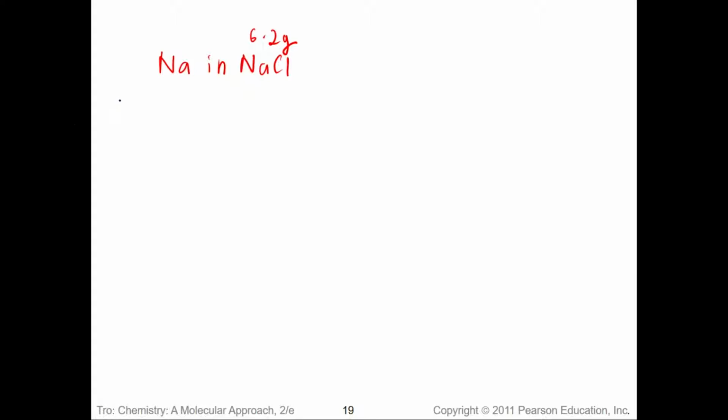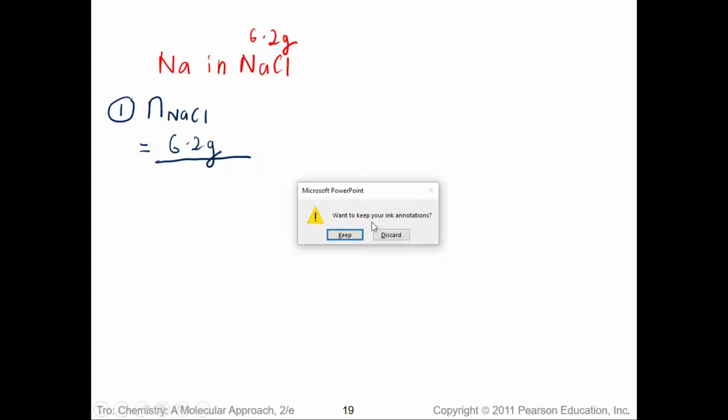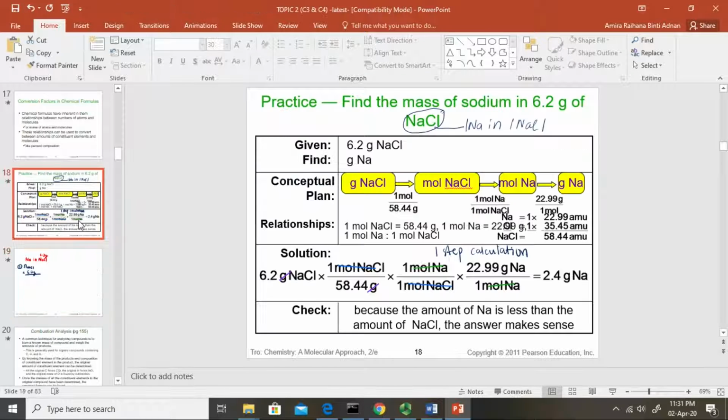So the first step you apply, number 1, find the mole of NaCl. Because the mass is given here, mole is equal to mass over molar mass. So the mass is 6.2 gram divided by the molar mass of sodium chloride. Refer here, 58.44.